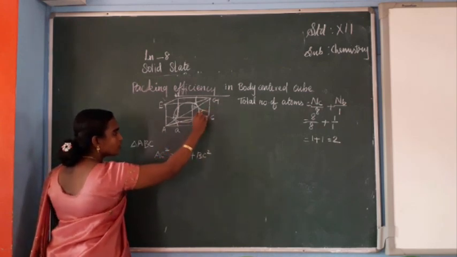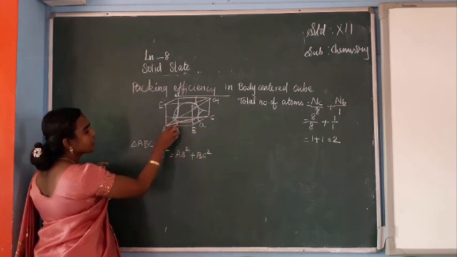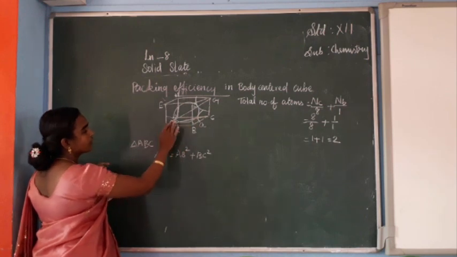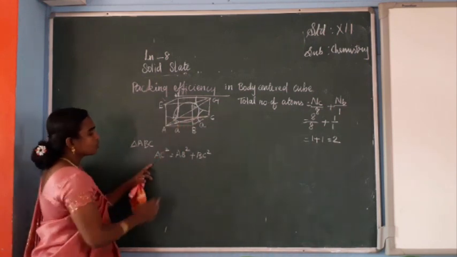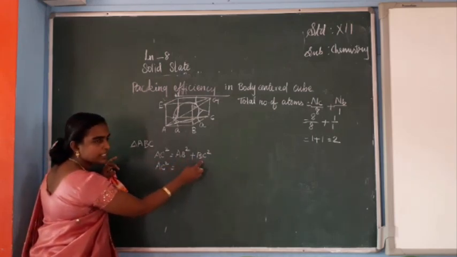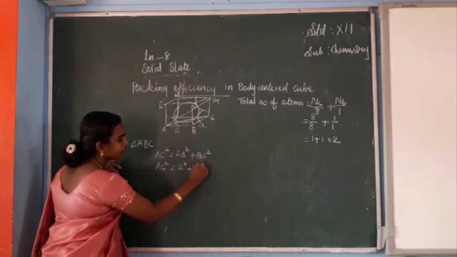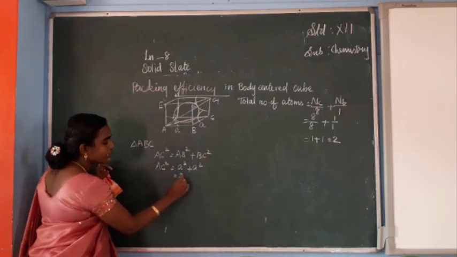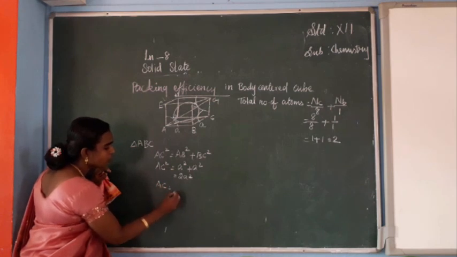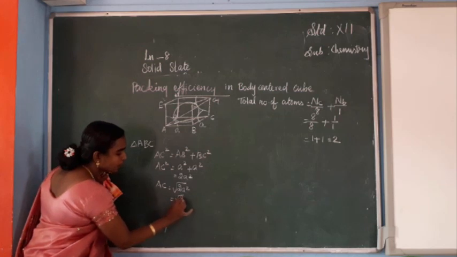So consider the sphere radius as R. Now AC square is equal to AB square plus BC square, isn't it? So that is a square plus a square, which is 2a square. We have to find the AC value. So AC is equal to square root of 2a square, which is equal to root 2 a.